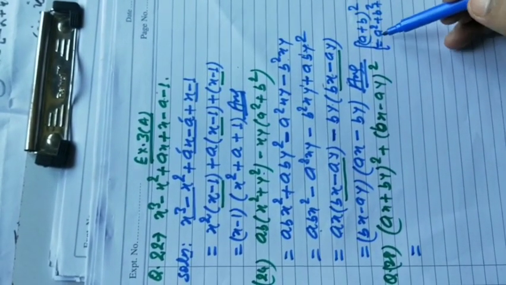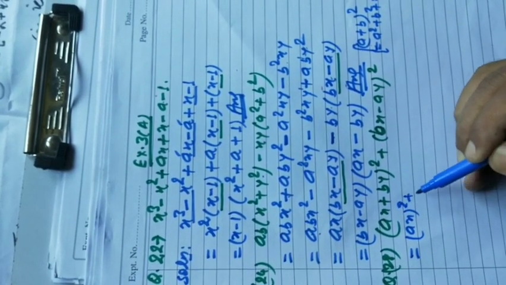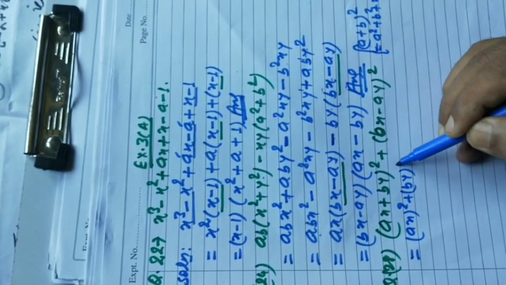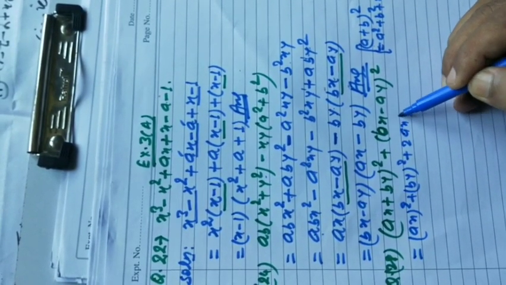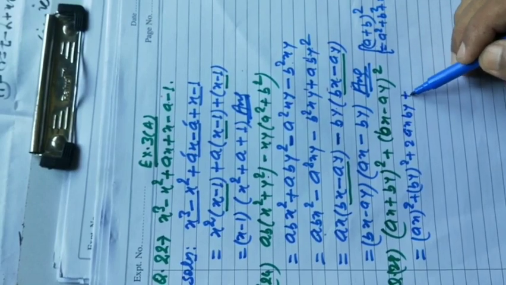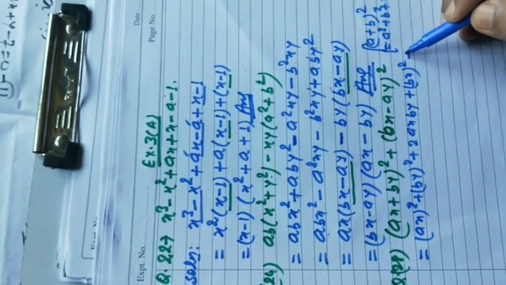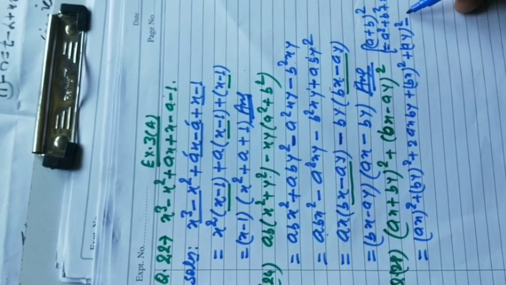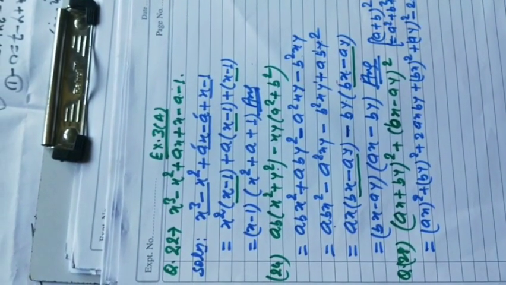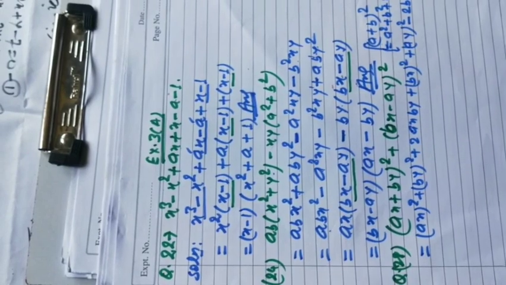Here will be a square, that is (ax) the whole square, plus (by) the whole square plus 2ax into by, plus (bx) the whole square plus (ay) the whole square and minus 2bx ay will be here. Now you can see these two terms are the same.